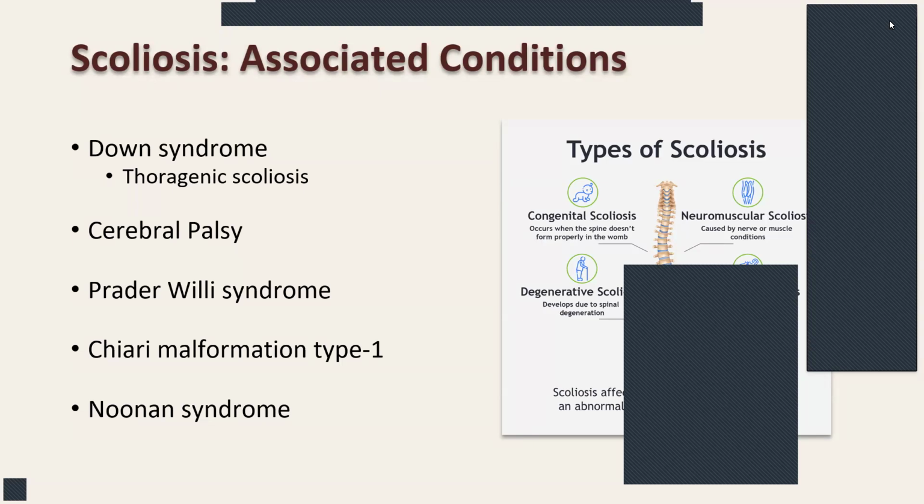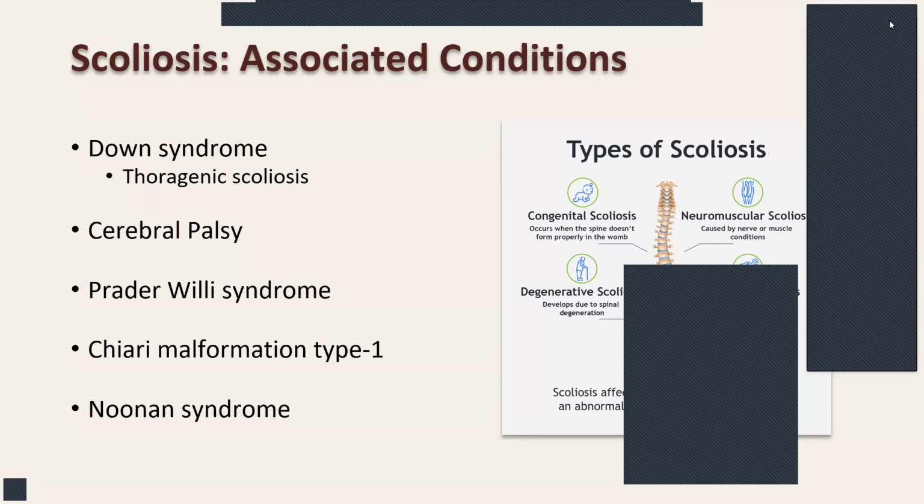So the muscle actually becomes more stiff, kind of contracting and pulling in that area. And as the body grows, it can force the spine into that S or C curve. This type of scoliosis is called thoracogenic, and that is a direct result of surgical interventions such as cardiac repairs.